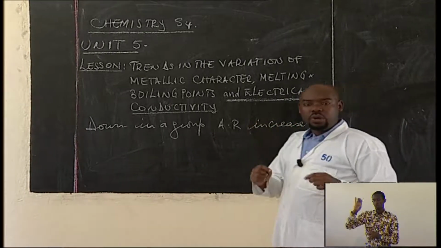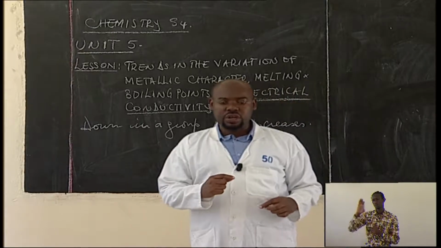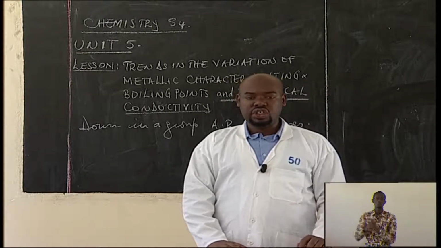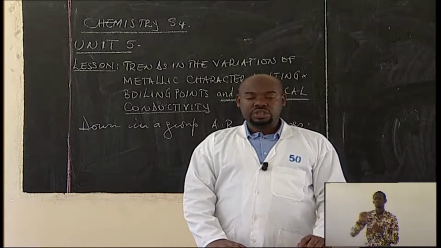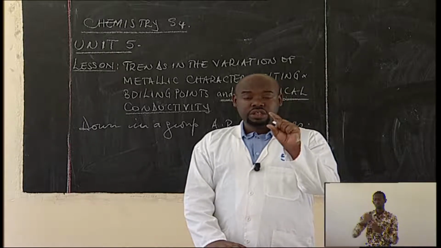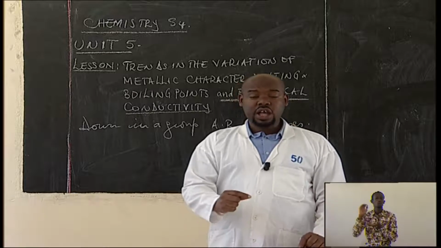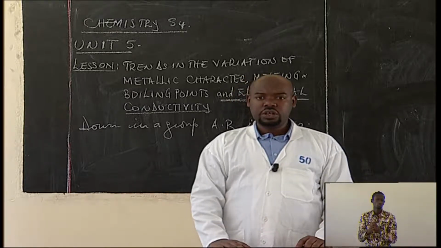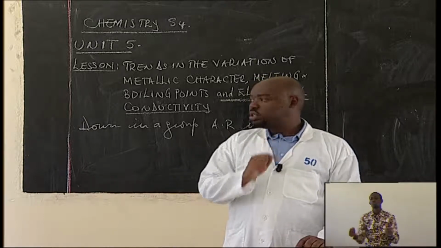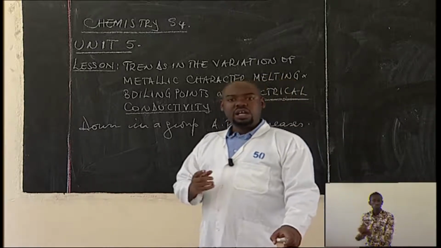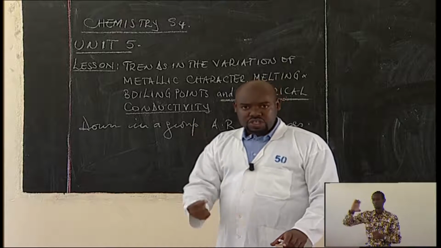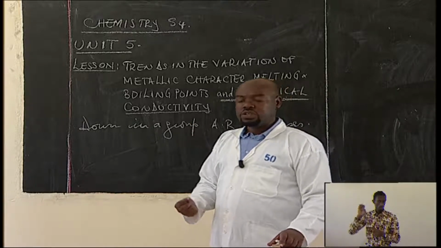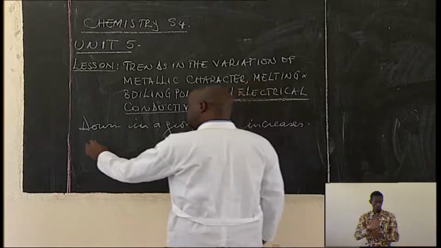And how will this increase in atomic radius affect the change in ionization energy? So the ionization energy decreases, showing that it is becoming easier to lose the electron. And that means that the metallic character increases as you move down in a given group. So metallic character increases.